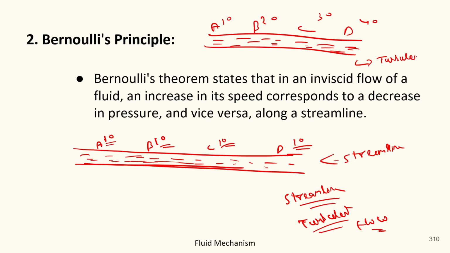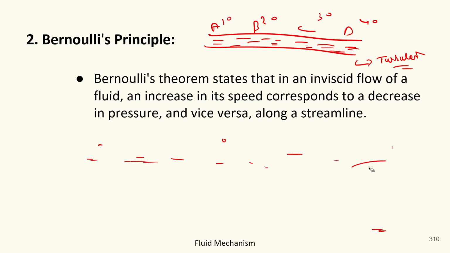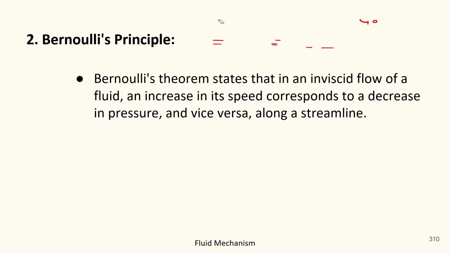The streamline and the turbulent. Got it? So basically, Bernoulli's theorem states that in inviscid flow of a fluid, an increase in its speed corresponds to a decrease in pressure and vice versa. Okay, in the streamline. So here I have explained to you the streamline and turbulent.